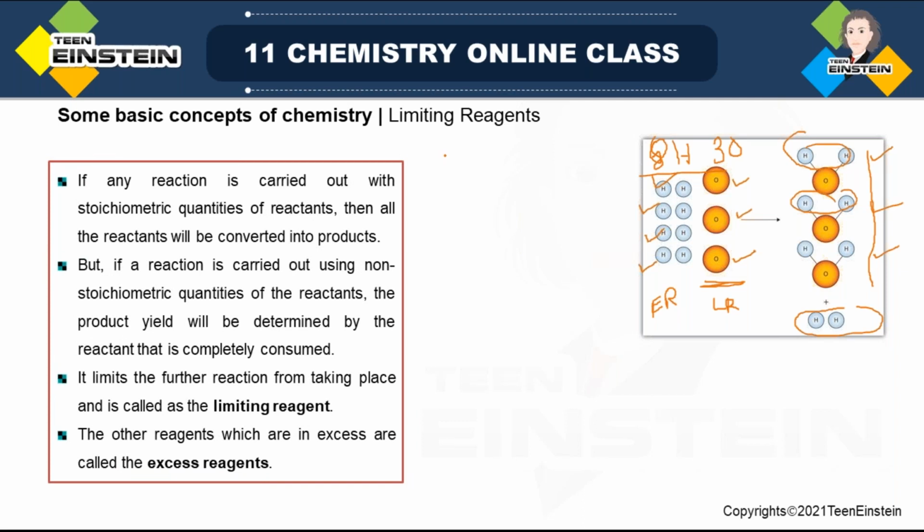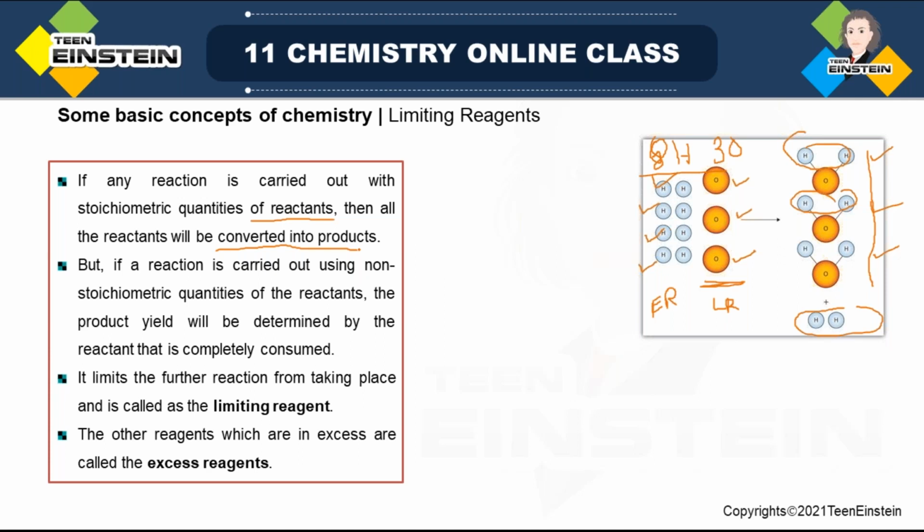If any reaction is carried out with stoichiometric quantities of reactants, then all the reactants will be converted into products. If the reagents are present following the same mole ratio as in the balanced equation, then there is no question of limiting reagent or excess. Just the required amount is present.